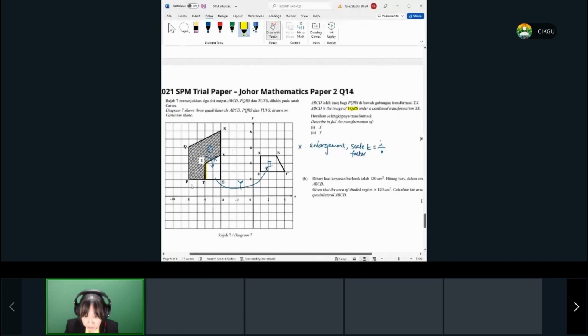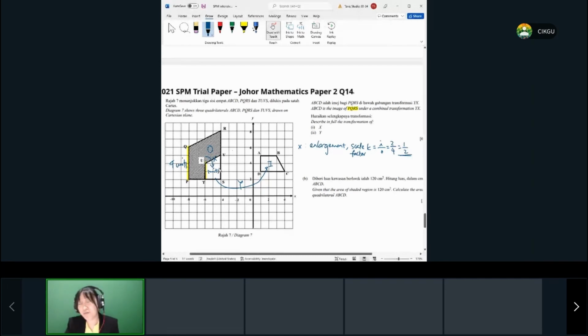Because we started from PQRS. 2 units for the image, and the corresponding side for the object is 4 units. So the image 2 units, object 4 units. If you simplify, you will get scale factor 1/2. That is the scale factor if a shape becomes smaller.